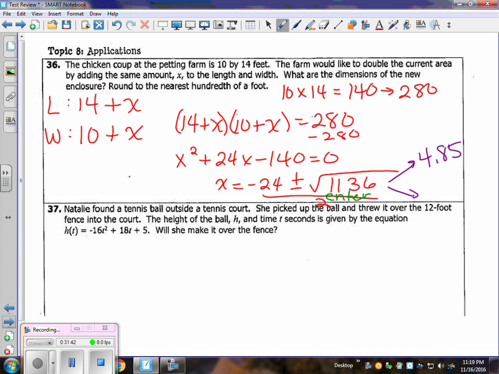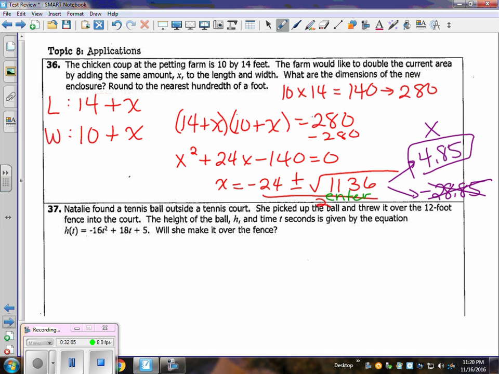Then I'm going to do negative 24 minus the square root of 1136, enter, divided by 2. And that gives me about negative 28.85. Well, that x, since it's length and width, can't be negative. So 4.85 would be my x, but that wasn't the final question.